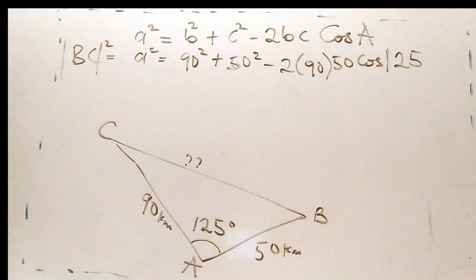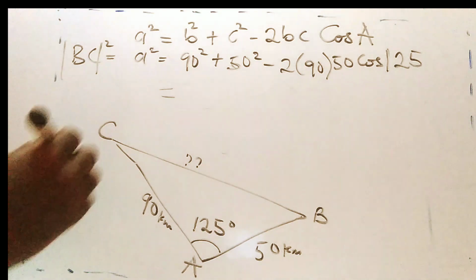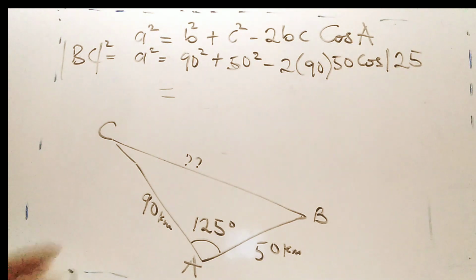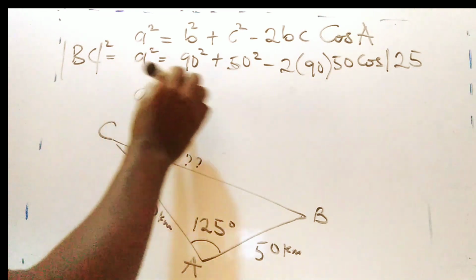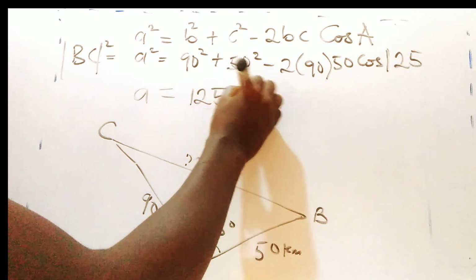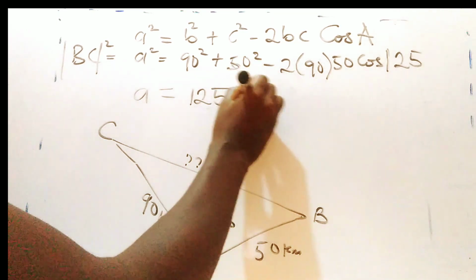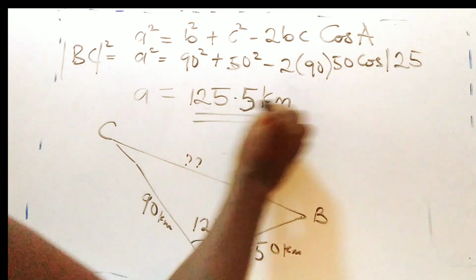Okay, so by the time we apply this using our calculator to save time, we are going to get a total value of our A as 125.5 kilometer approximately.